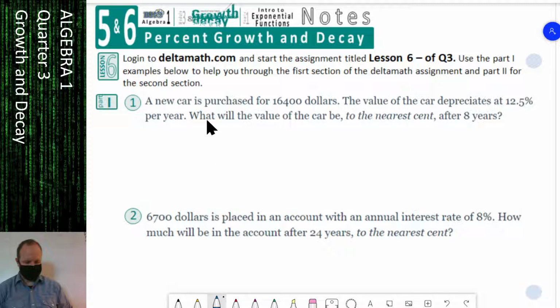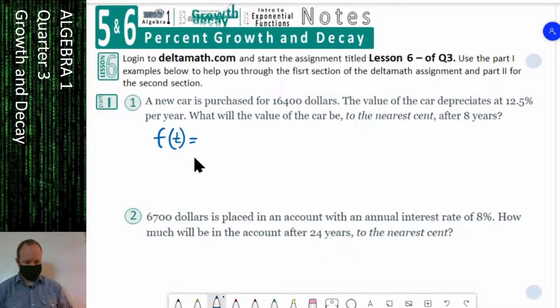We're given a car in this case, and we want to know after 8 years what that car is worth. So again, we start off with the starting point. We could give this function a name. Let's not be fancy about it. Let's just say f of something. We're looking at time, so let's say f of t.